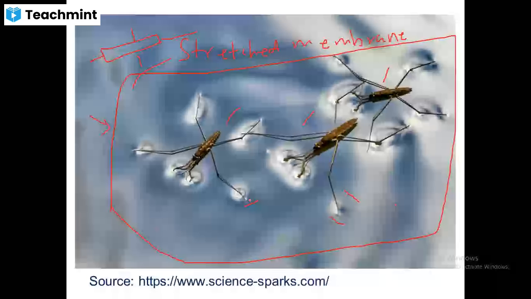When they put their leg on the surface, these legs will not go down because this surface is so stretched that it can withstand the weight of their legs, and they can easily walk on the surface of this water without any problem. Why? Again, the reason is surface tension. It is due to surface tension that this water membrane is behaving like a stretched membrane. Therefore, the bugs are able to walk very easily on the surface of water.